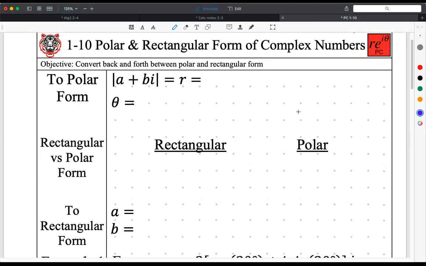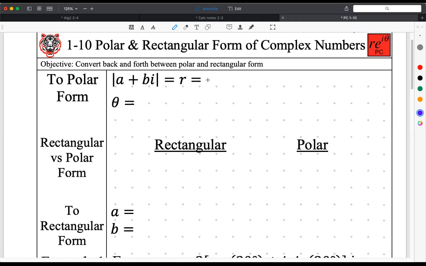All right, so before I jump too fast, let's remind ourselves, if I'm talking about the modulus, again, the modulus is synonymous with our length or our absolute value. What is the formula for the modulus? If you don't remember, this is pulled directly from 1-9, and I think also from 1-8. You've seen this multiple times.